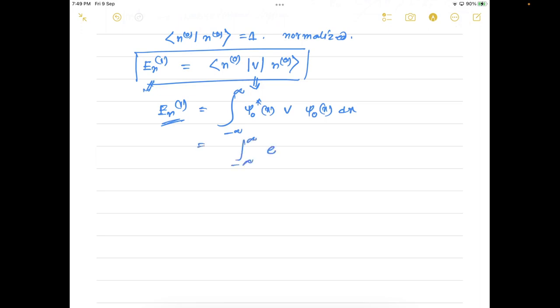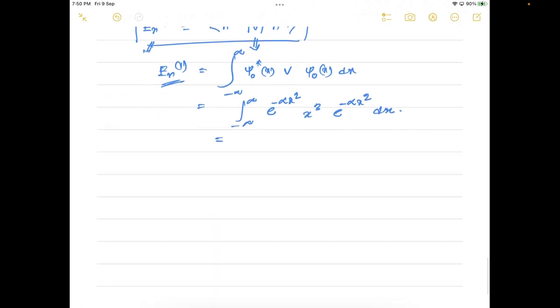Psi 0 of x is e to the power minus alpha x square, ignoring all the constant terms. V is the perturbation term, here V is x cube, it is given in the question. Now psi 0 of x is also e to the power minus alpha x square, dx.